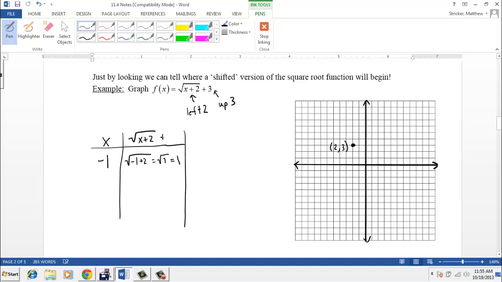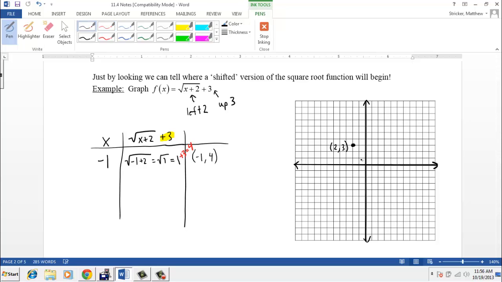But then we also have to add 3 to that. So this is going to be 1 plus 3. This is going to give us a y value of 4. -1, 4. Because of this plus 3 here, you're going to be adding 3, which gives us 4.